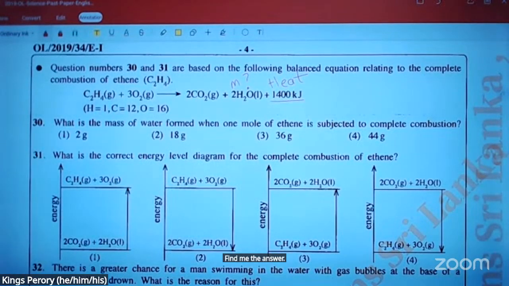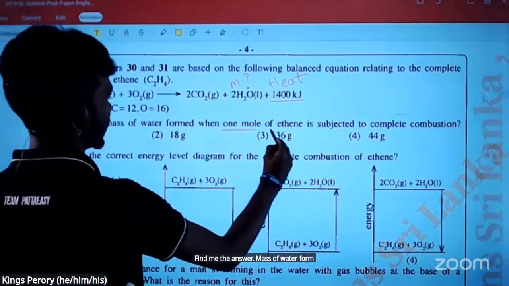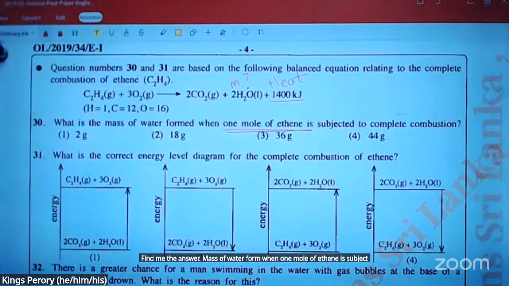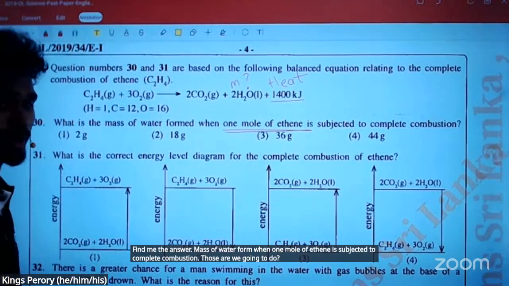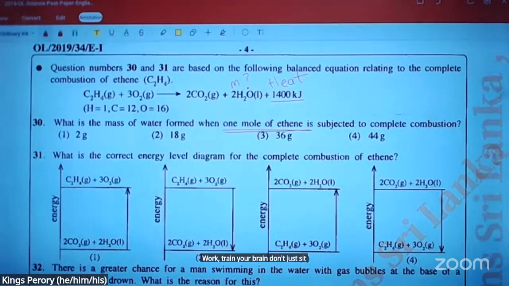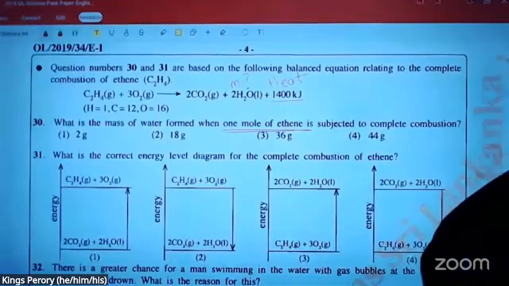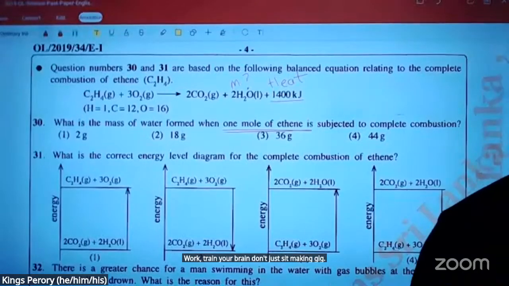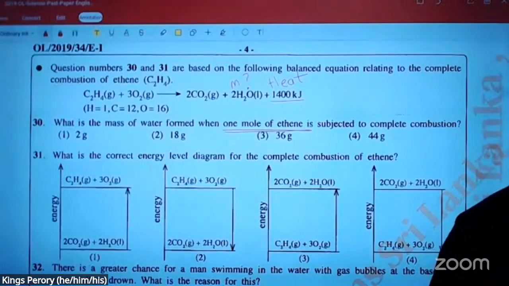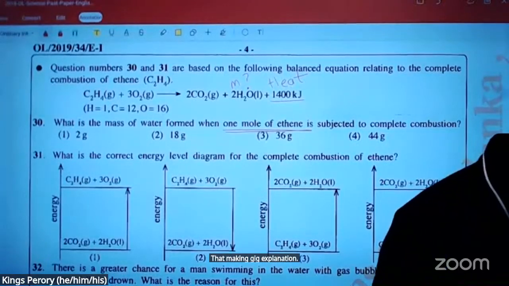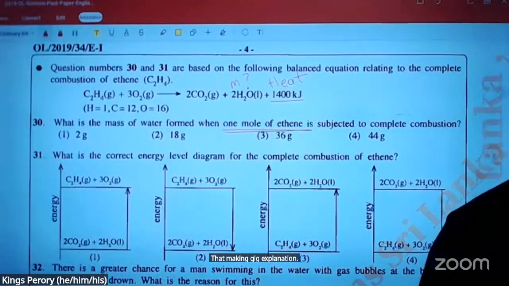Mass of water formed when 1 mole of ethene is subjected to complete combustion. Train your brain. Don't just sit. All work.